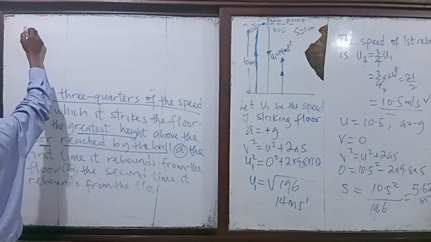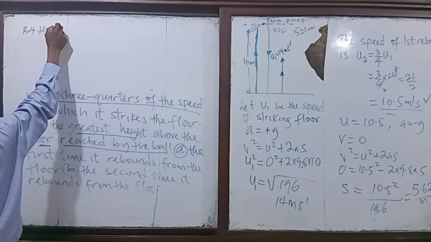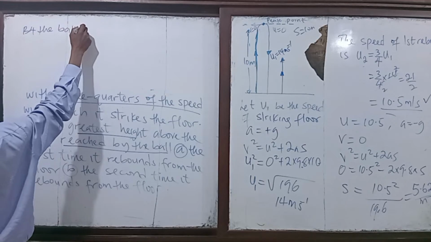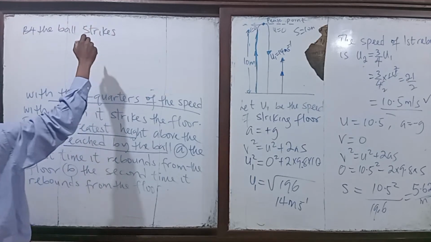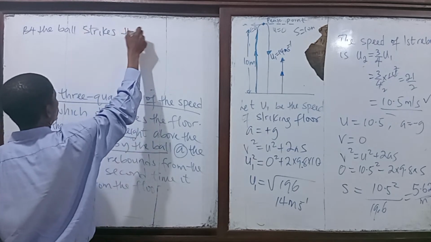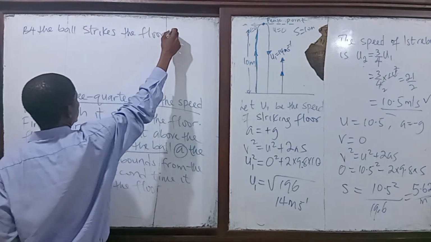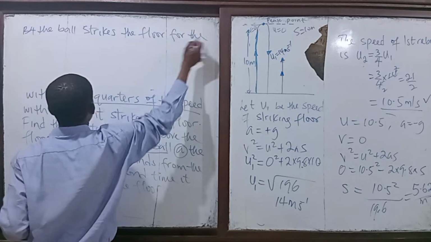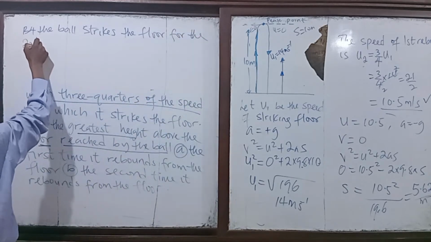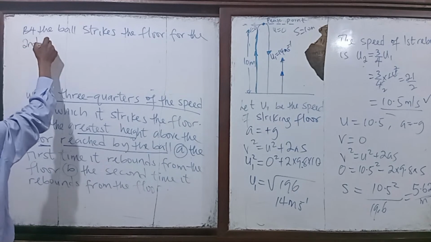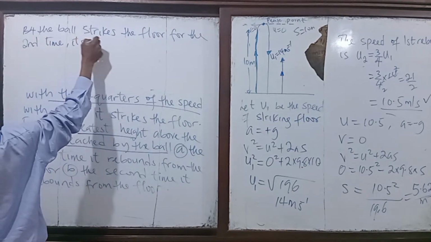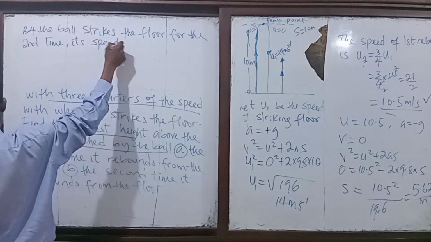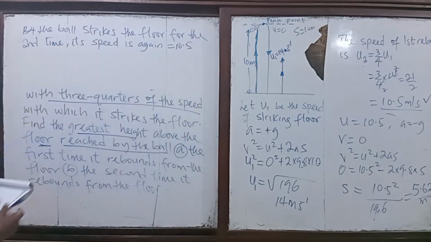Before the ball strikes the floor for the second time, its speed is 10.5. Then the speed of the second rebound, let's make it u3.